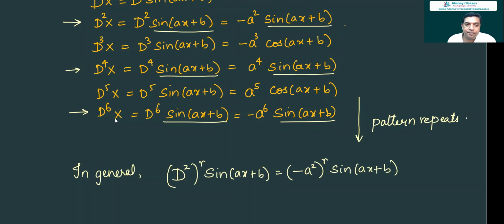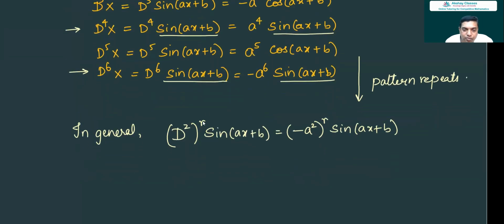You can see here, I am taking d square whole square, d square whole cube, and so on. I can take this as minus a square whole square, minus a square whole cube. This one is minus a power 6. So this pattern you will get.